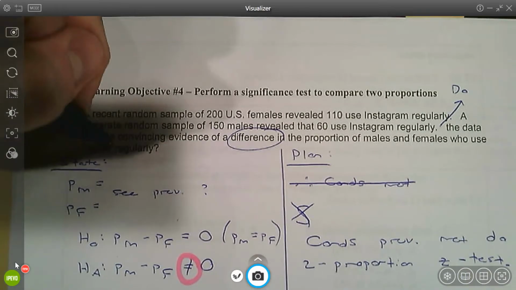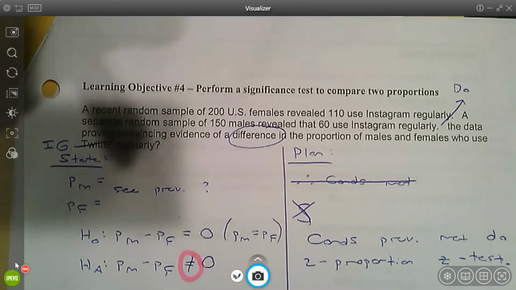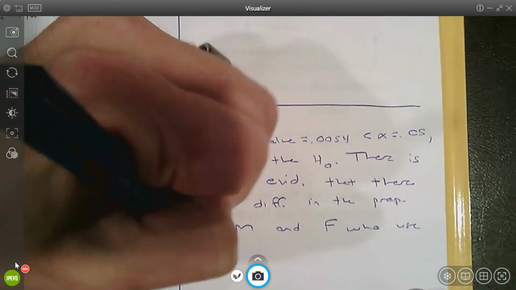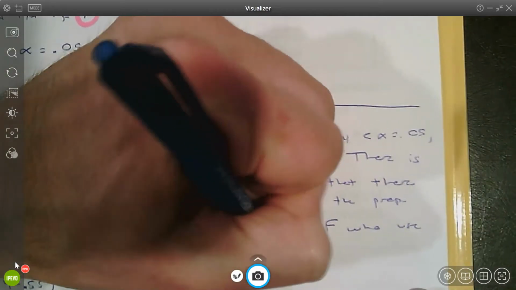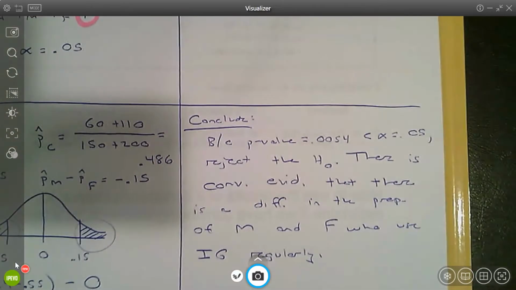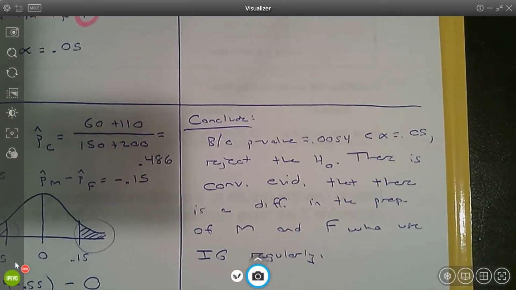This originally said Twitter. This should say Instagram. I thought I caught them all. Who use Instagram regularly. All right, so you can see the similarities and differences between the two proportion Z interval and the two proportion Z test.